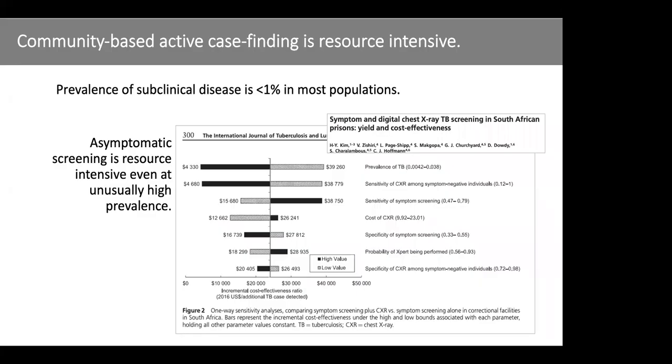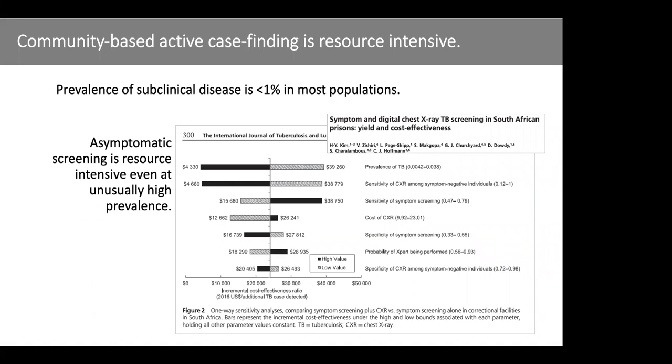And I mean, community-based active case finding is resource intensive. Whenever you're trying to find a condition that's present in less than 1%, often more like 0.1% in most populations, it's going to be resource intensive.